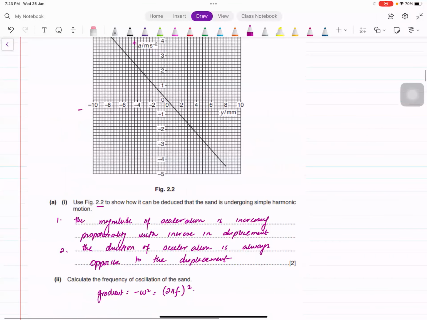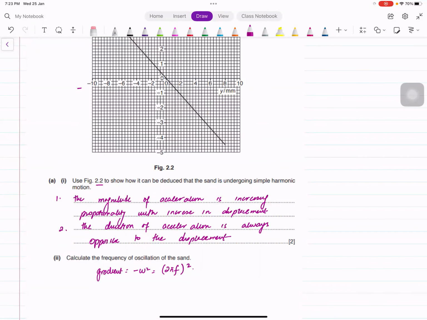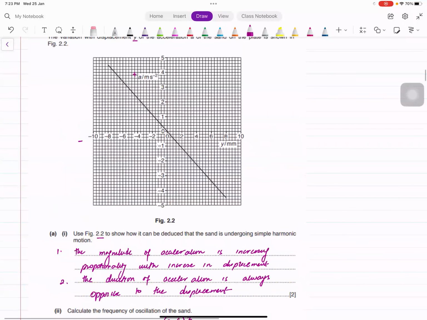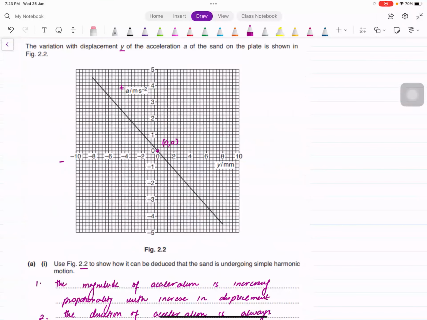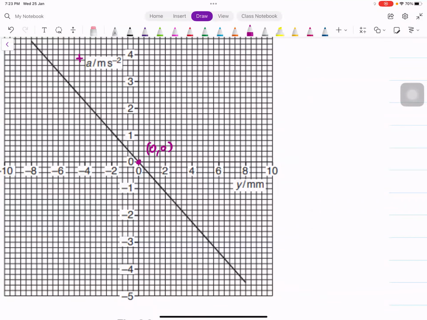So let's try. First of all, you can always take just one point as 0 and 0 because this will always be there. And then the other point, you can take anything you like. Right now, I would take 8, and this is somewhere here, which is exactly in the middle, which means this is negative 4.5 meters per second.